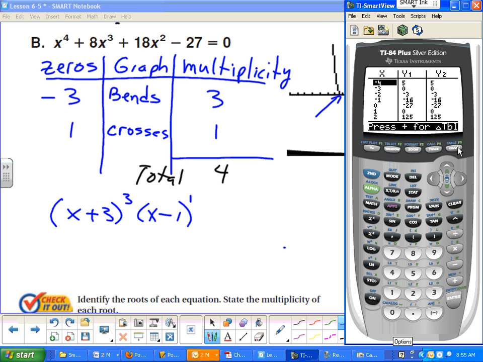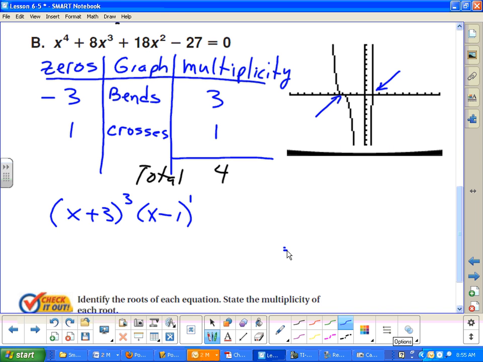Okay. So we can really use our calculator to factor if we want to. So here we have a graph that has zeros at -3 and 1, and a multiplicity of 3 at -3 and 1 at +1.